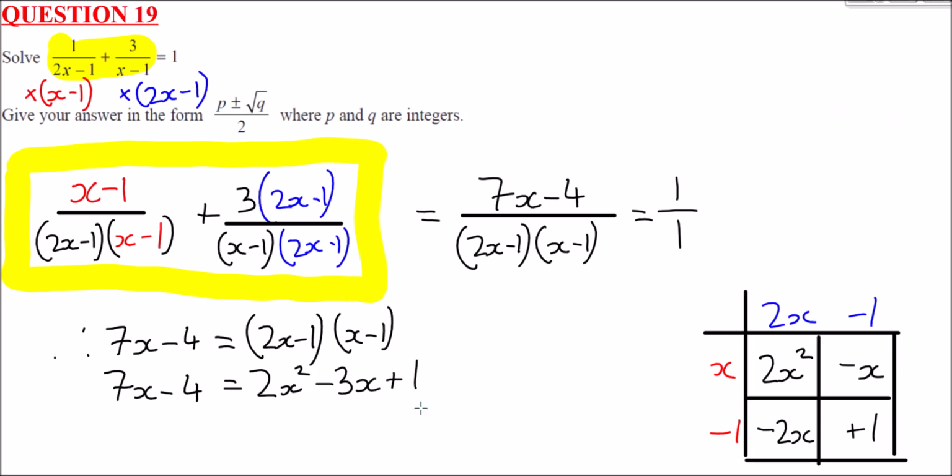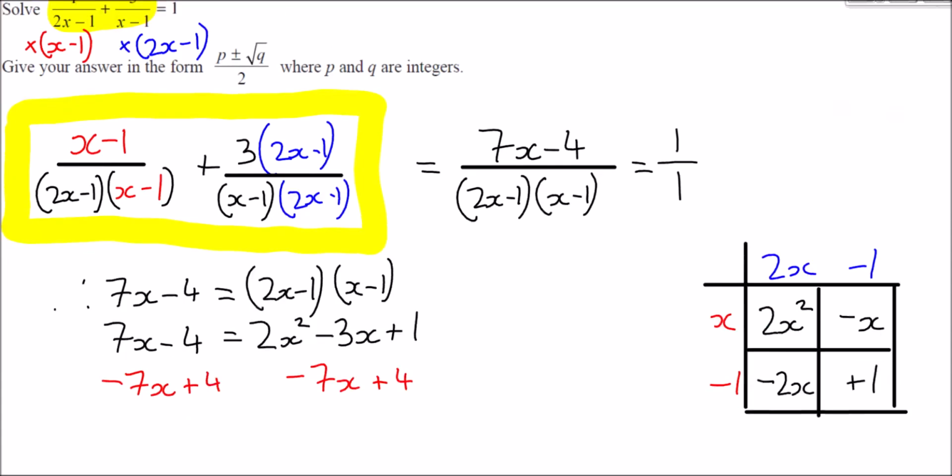Now, this is obviously a quadratic equation, and the best way to solve a quadratic equation is to have everything onto one side all equal to 0. So what I'm going to do here is subtract 7x on both sides, and then add 4. Minus 7x, and plus 4 as well. So what we're going to have on this side is 0.